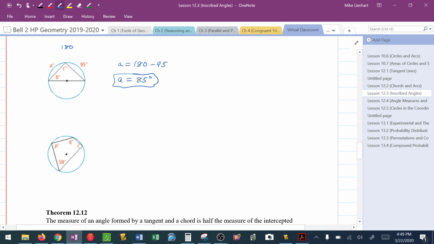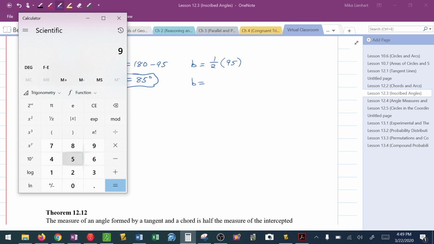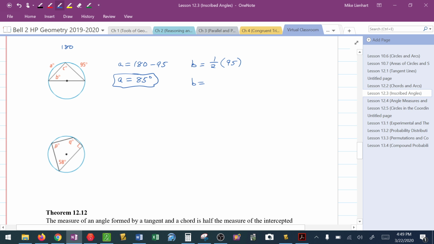Okay? I know that angle B is an inscribed angle, and I know that its measurement is going to be half of its intercepted arc, which would be 95 degrees. Half of 95 degrees, let's double check it, 95 divided by 2, I get 47.5. That's okay. We get a decimal. That's all right. 47.5 degrees.